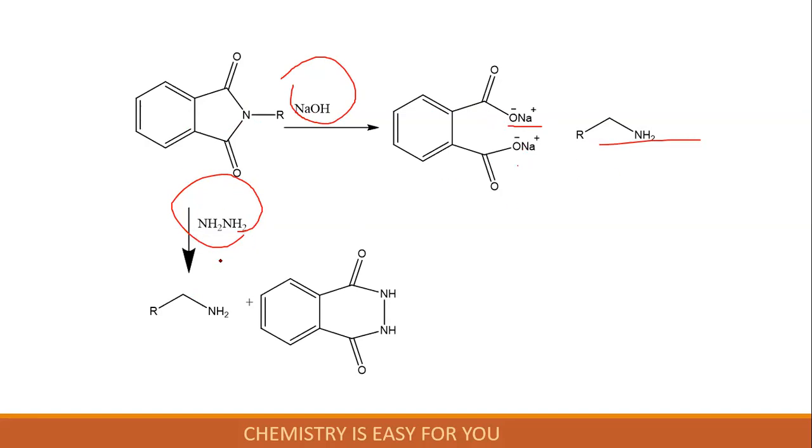And if we are using NH2NH2, we will have a primary amine along with this cyclic product. So in both cases, either NaOH or NH2NH2, our end product will be a primary amine along with one of these compounds.